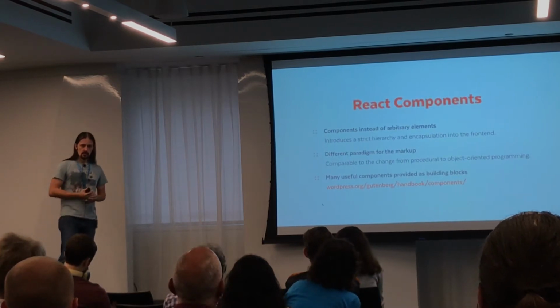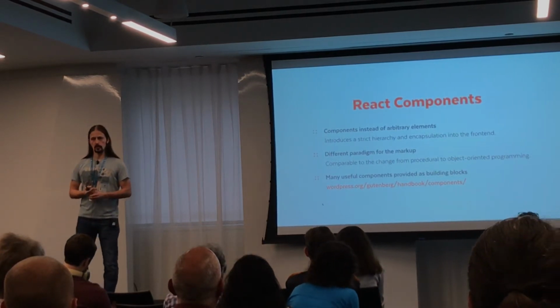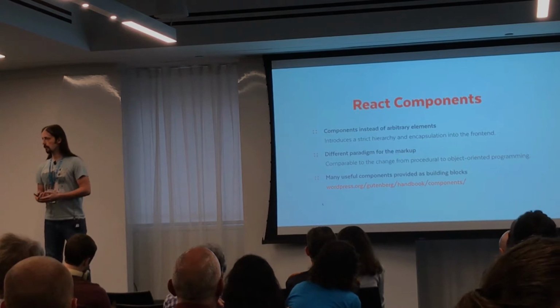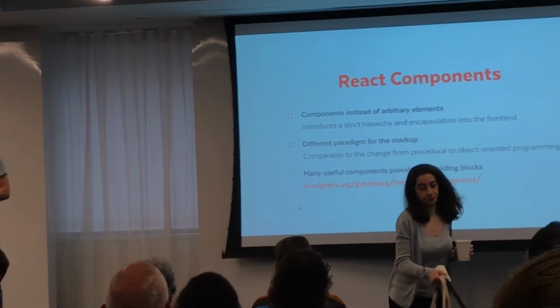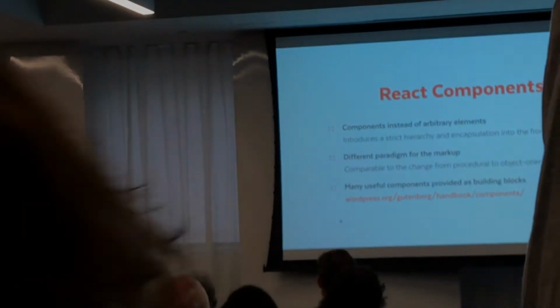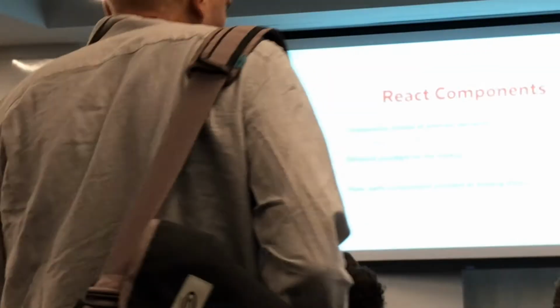The next challenge that comes up is that the front end that will be rendered on the Gutenberg side is not arbitrary HTML markup anymore. It is React components.